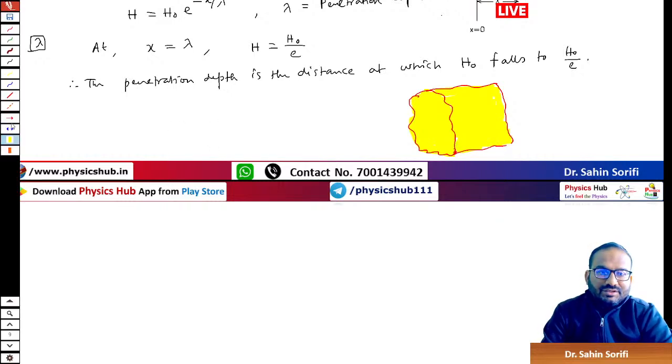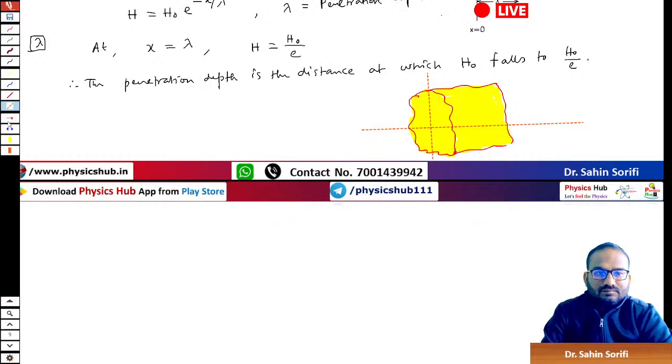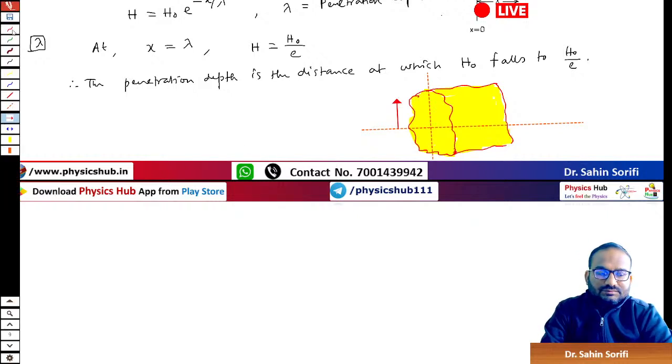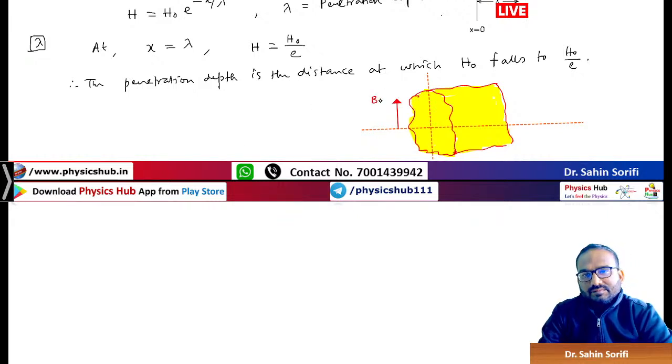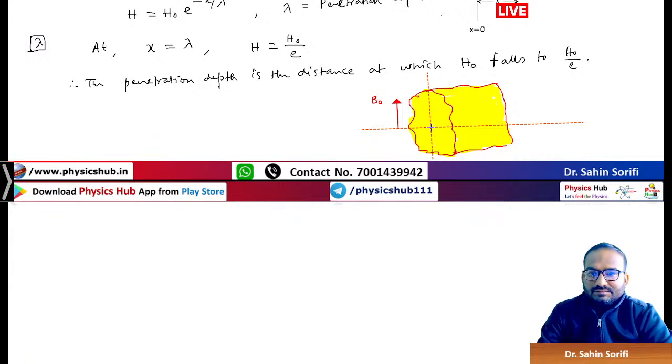Initially, this is the magnetic field applied on the surface, B naught.